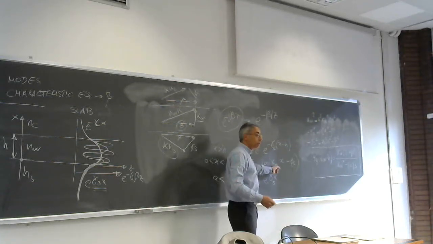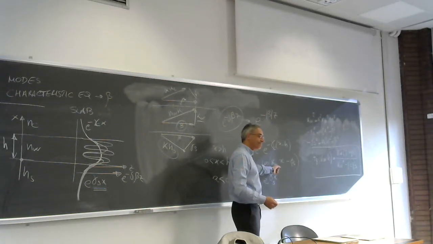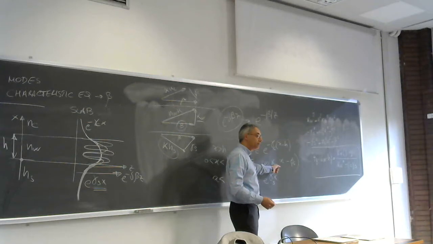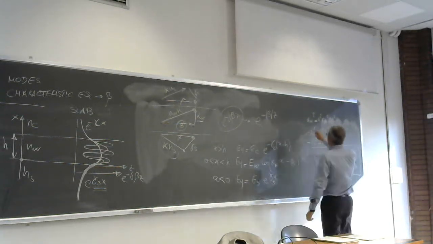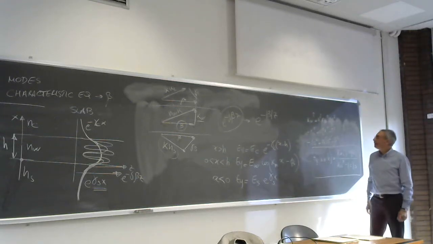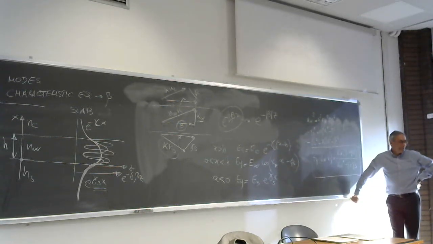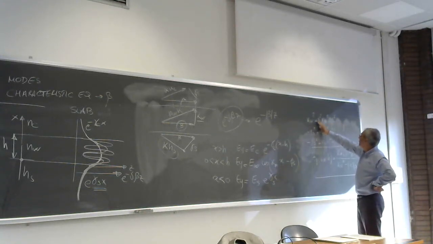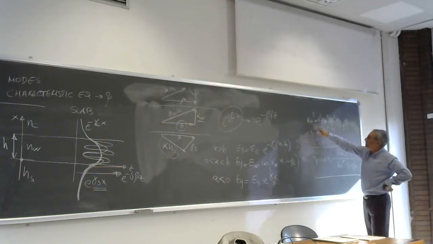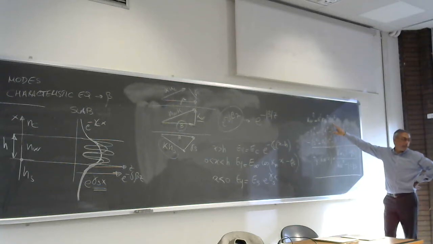When kW increases, at some point beta becomes negative.